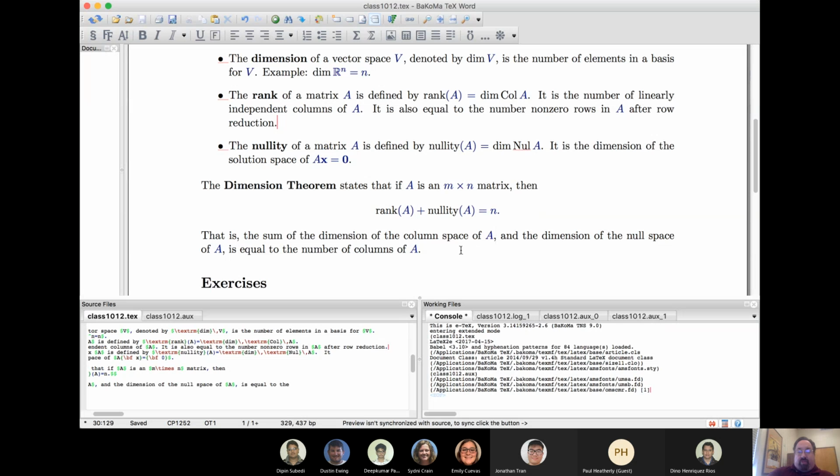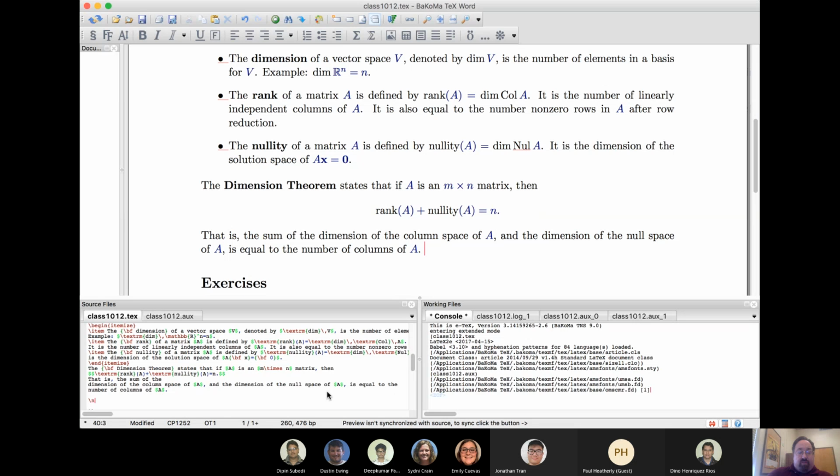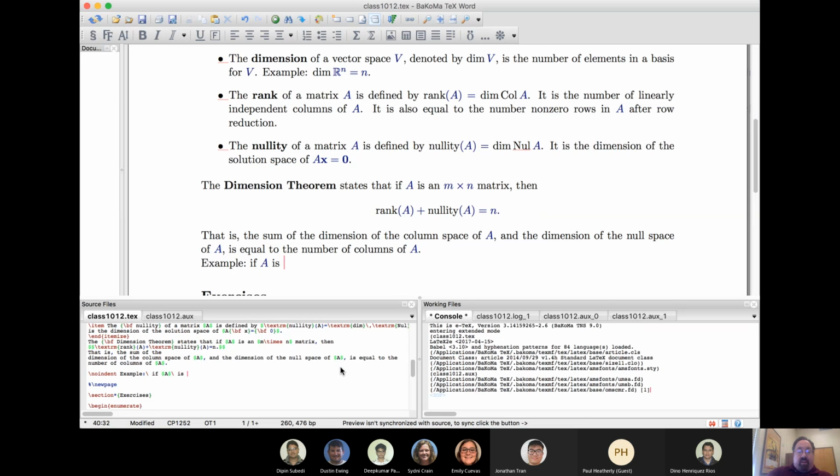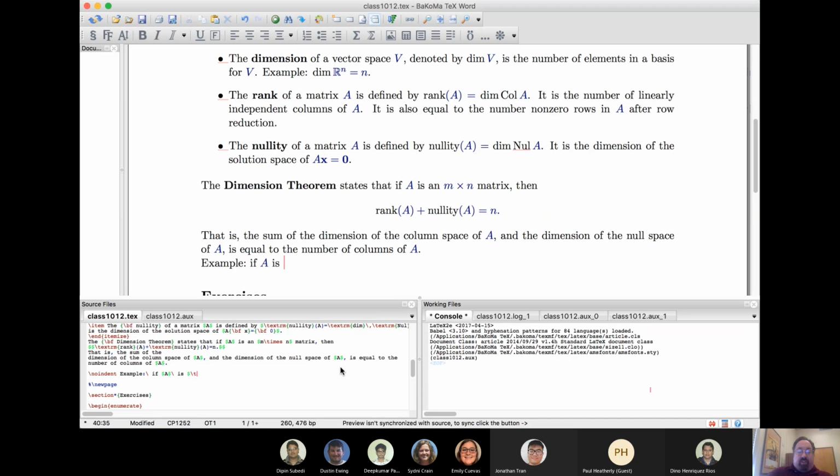So as an example, if you have a matrix A, let's make up a size here.